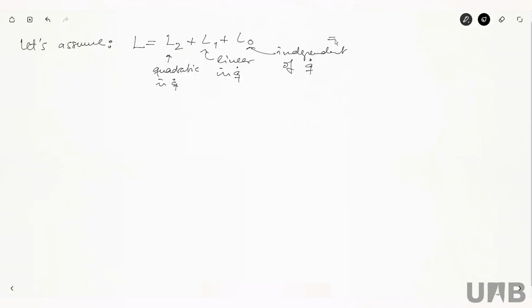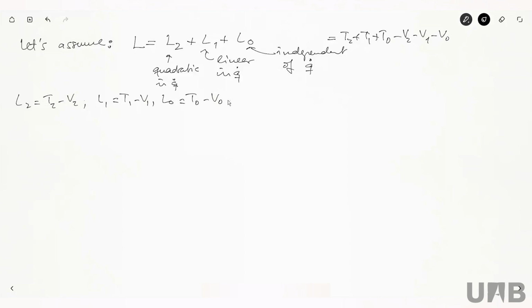Obviously, this would be T2 plus T1 plus T0 minus V2 minus V1 minus V0, right? Because L2 is T2 minus V2, L1 is T1 minus V1, and L0 is T0 minus V0, because the whole Lagrangian splits into quadratic, linear, and independent of Q dot terms.